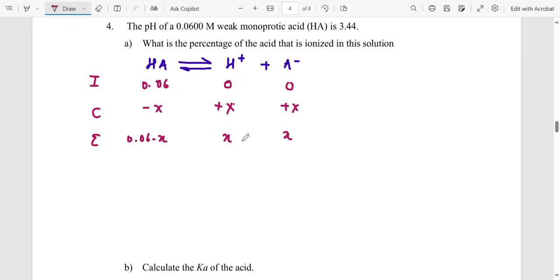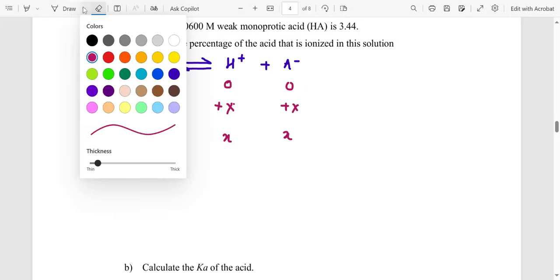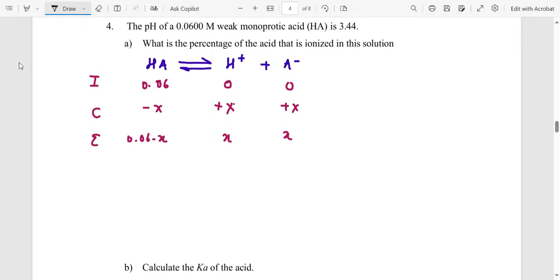Now remember the way we find the value of x, actually the concentration, so we can say Ka. How do you find Ka? For this one, there's no need for calculating Ka because that's the second part of the question. But can you say the concentration of hydrogen at equilibrium is equal to x?